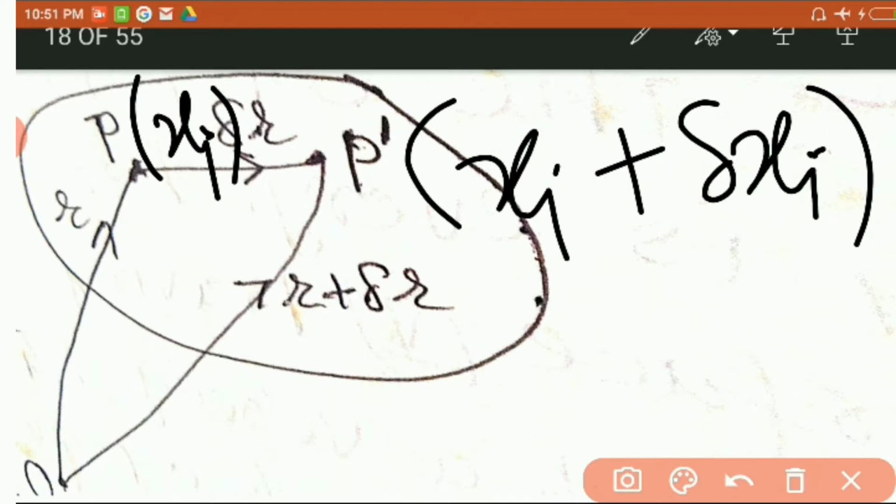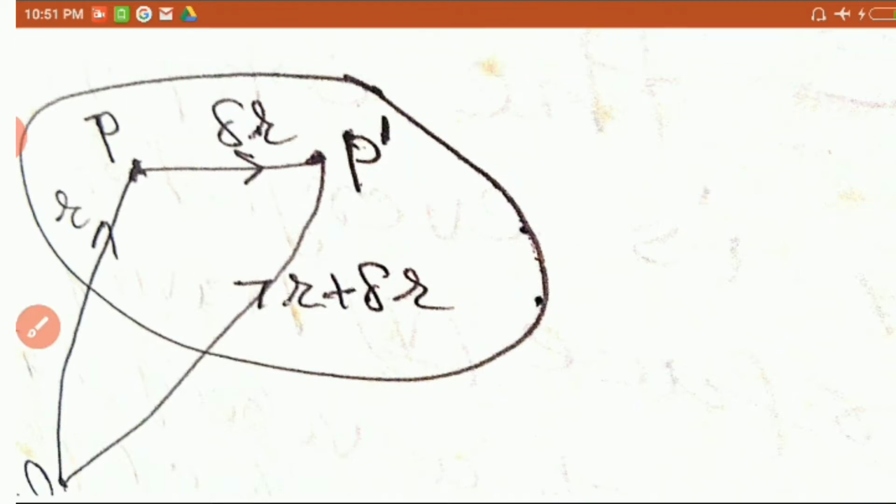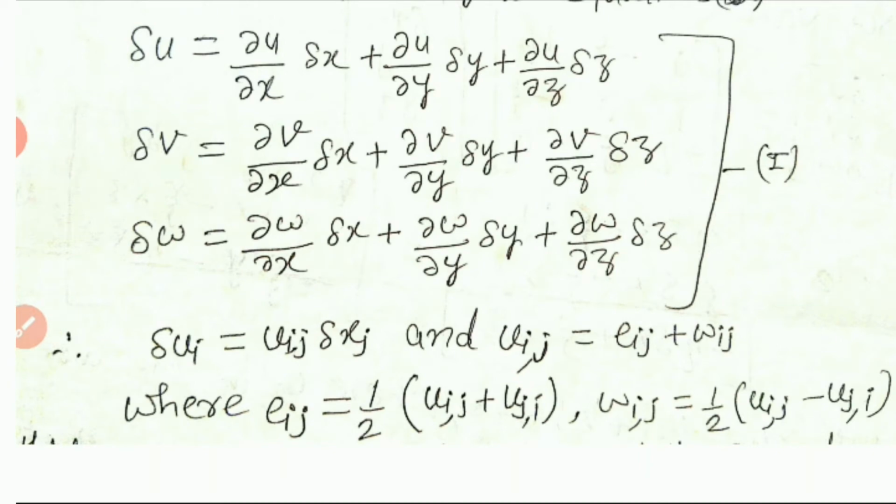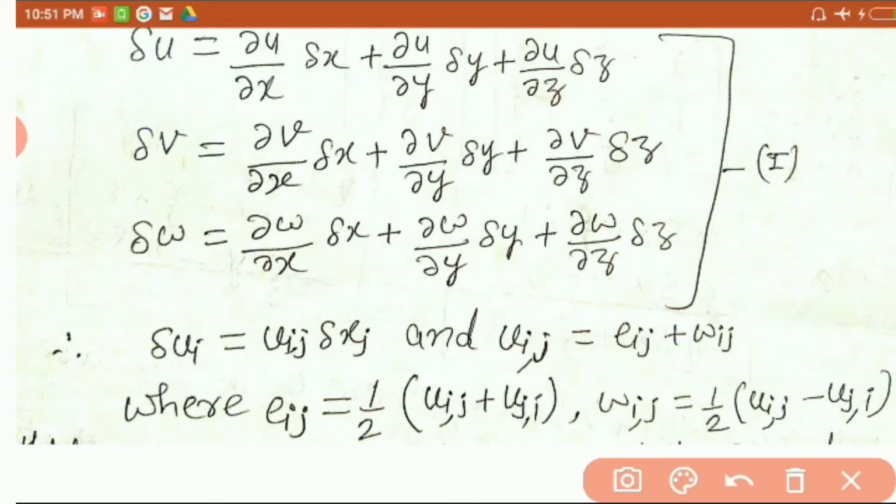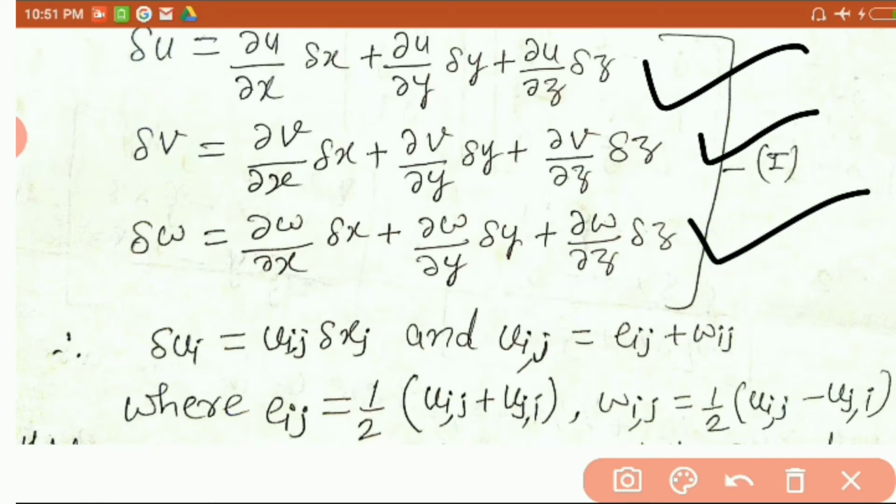Then corresponding to the equation delta u is equal to dou u by dou x delta x plus dou u by dou y delta y plus dou u by dou z delta z, delta v is equal to dou v by dou x delta x plus dou v by dou y delta y plus dou v by dou z delta z, and delta w is equal to dou w by dou x delta x plus dou w by dou y delta y plus dou w by dou z delta z.